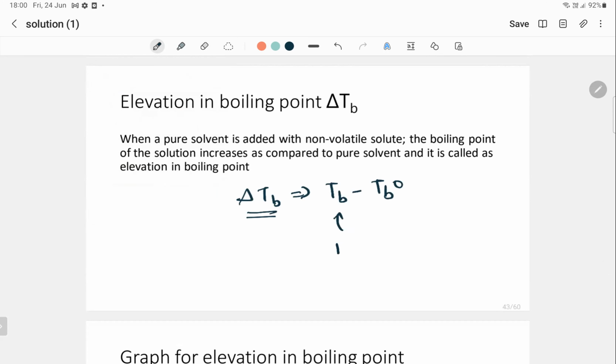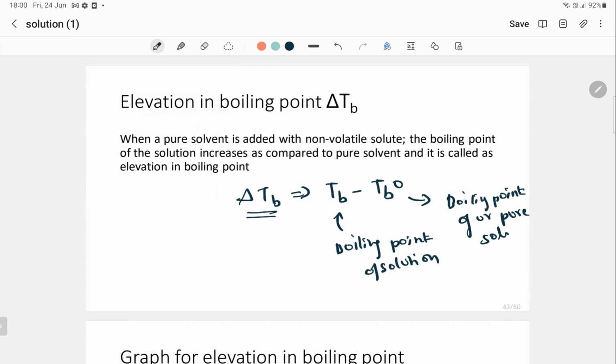TB is the boiling point of your solution, and this TB naught is the boiling point of your pure solvent. Always do remember that. So this is your pure solvent and this is your solution.